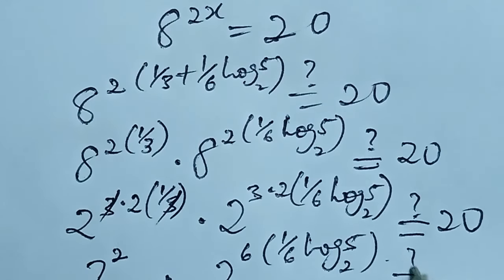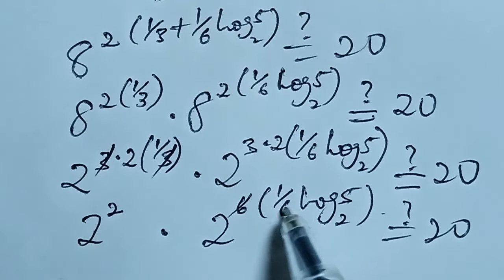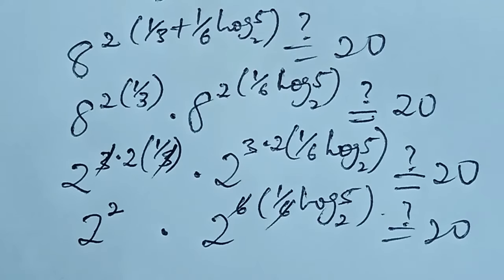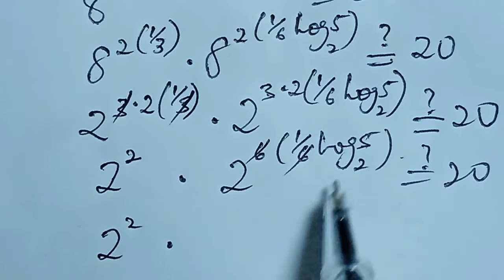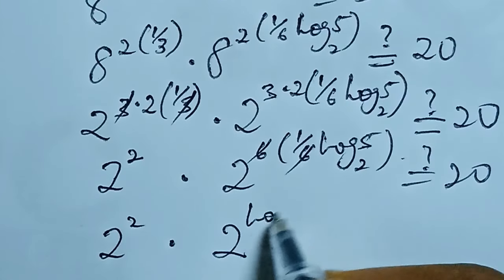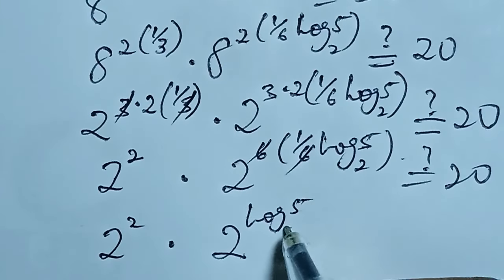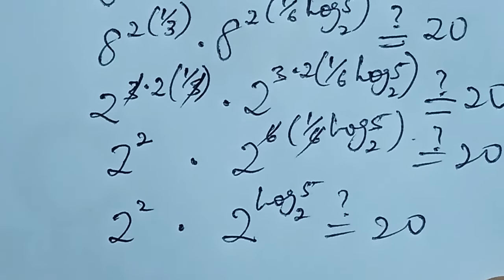Will that be equal to 20? Now this 6 can cancel out with this 6. We have 2 to the power of 2 multiplied by 2 to the power of log 5 base of 2. Would that be equal to 20?